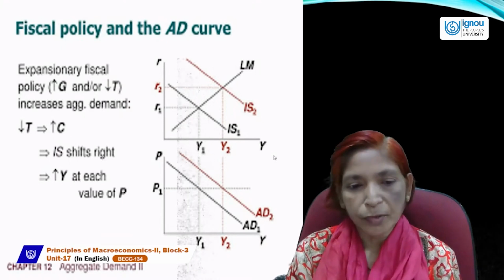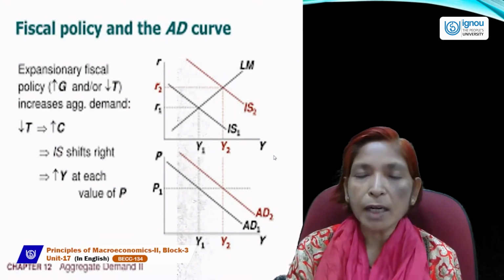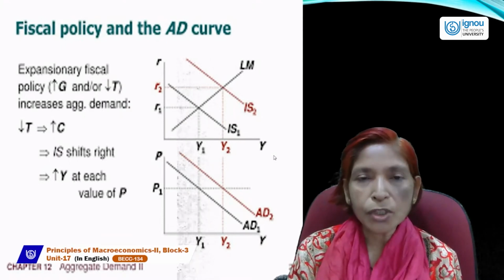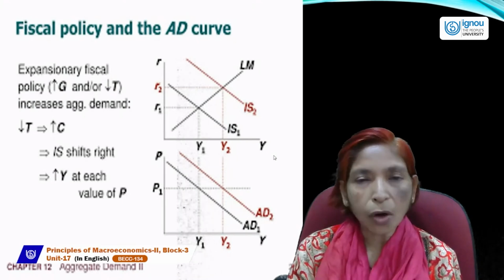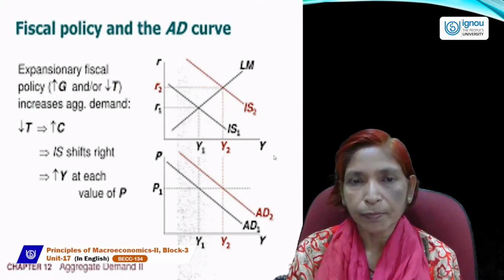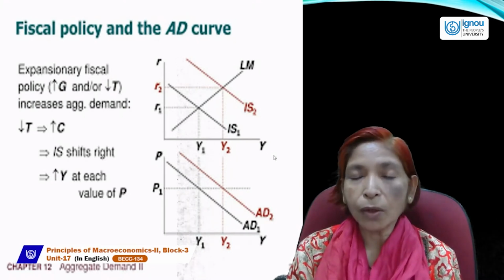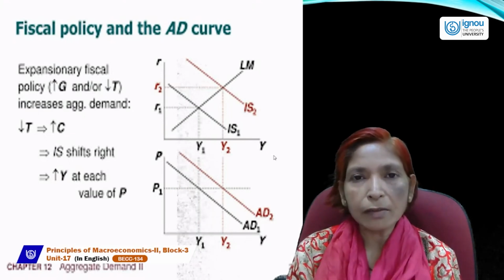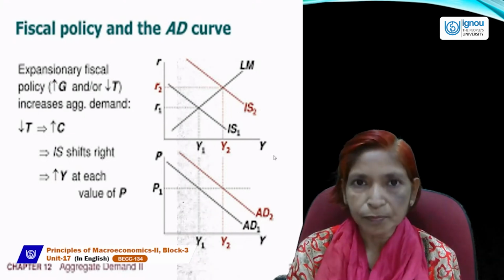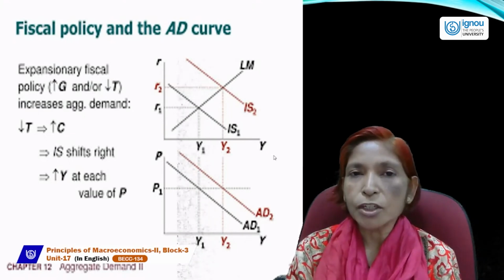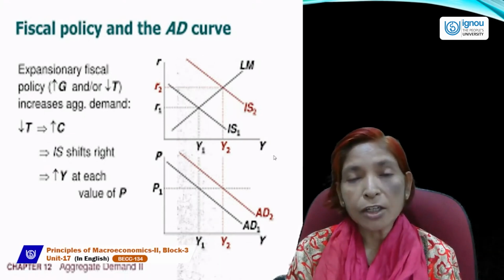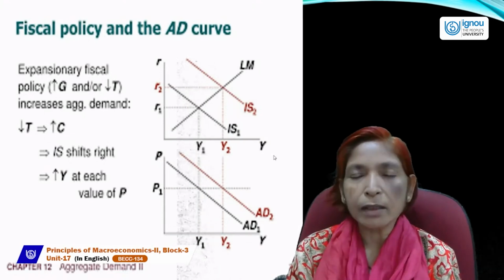curve. As you know, demand always shifts due to change in other factors, not due to change in price. Because price can only move along the aggregate demand curve, but not shift it. The demand curve can shift for so many reasons.